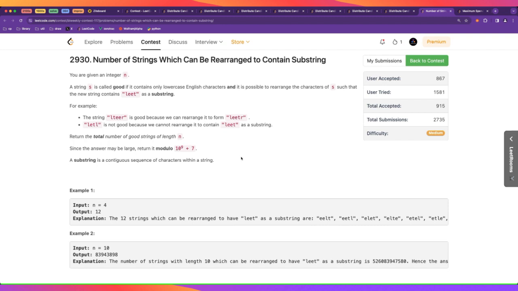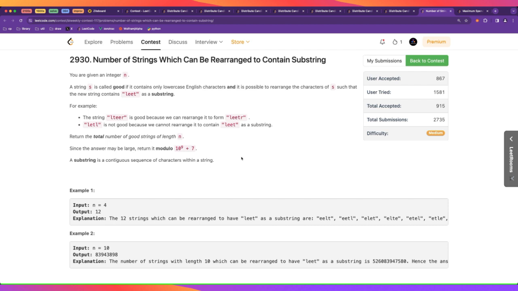Okay, so one approach would be to start generating the string one character at a time from left to right, and we have a choice at each point. So for the first character, we can choose any of the 26 lowercase English letters, right?